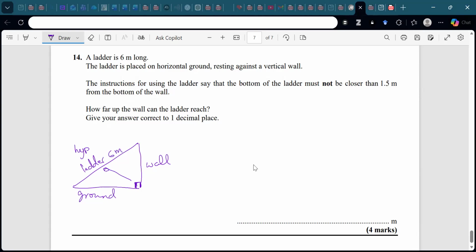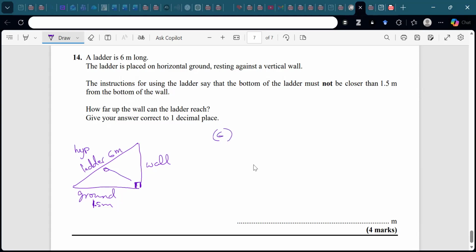And the ladder, using the ladder says that the bottom of the ladder must not be closer than 1.5 meters. So this is 1.5 meters on the ground. How far up the wall does the ladder reach? So that means we need to find this side.